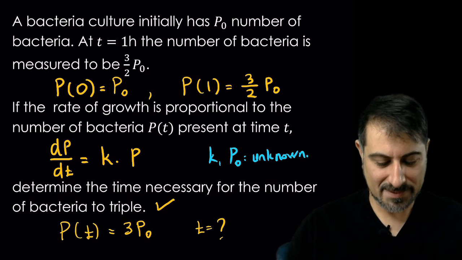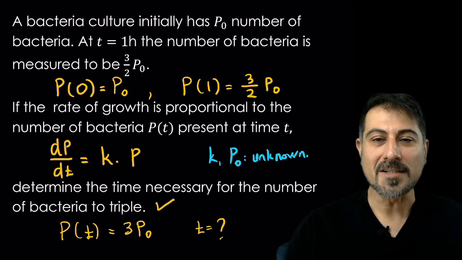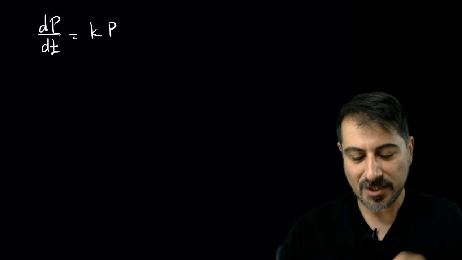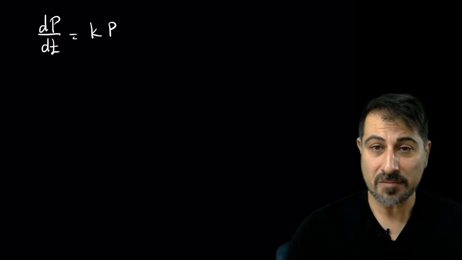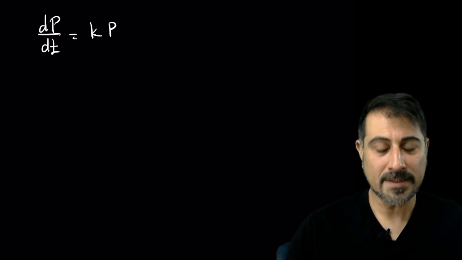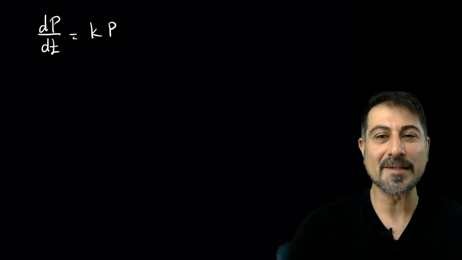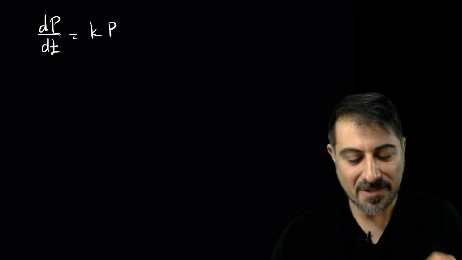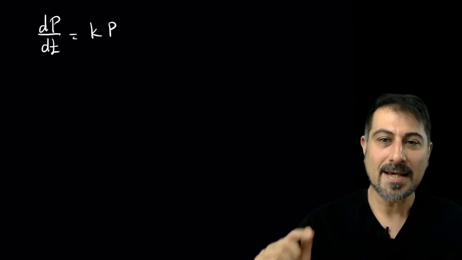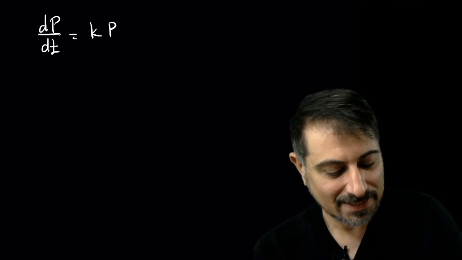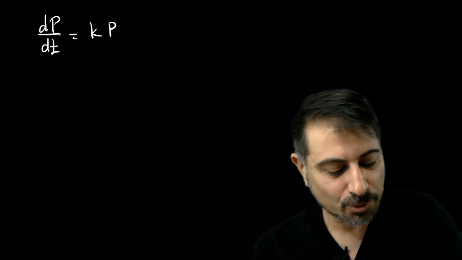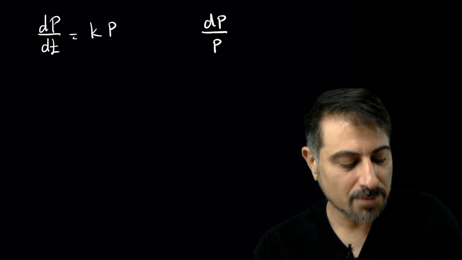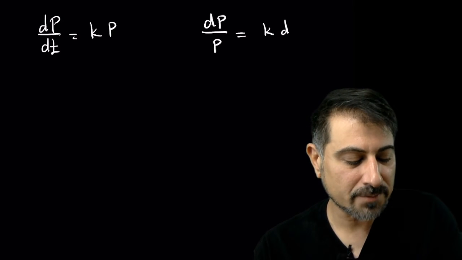Let's first solve the differential equation. This is a linear differential equation. We can use the integrating factor idea, but we can also use separation of variables. If we divide both sides by p and multiply by dt, we have the equivalent formulation dp over p equals k times dt.